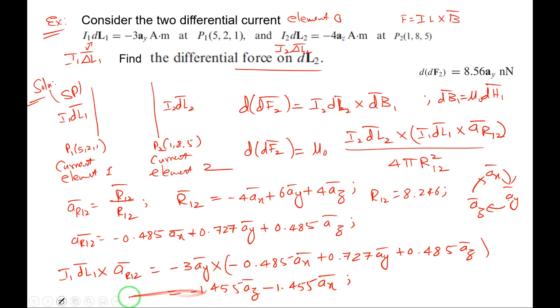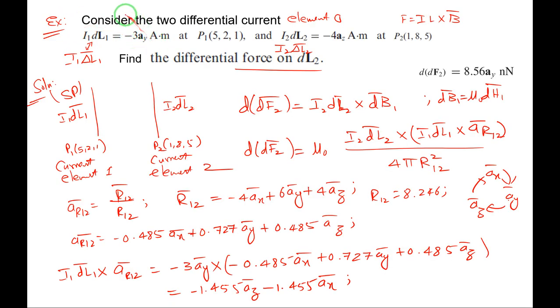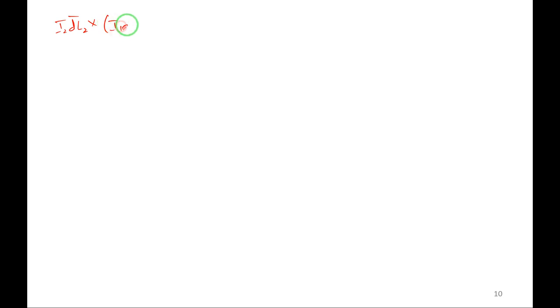I hope you are getting. Okay, this cross product we have found out. Next, take the cross product with I2 DL2. So we will find out this entire numerator, I2 DL2 cross I1 DL1 cross AR12.